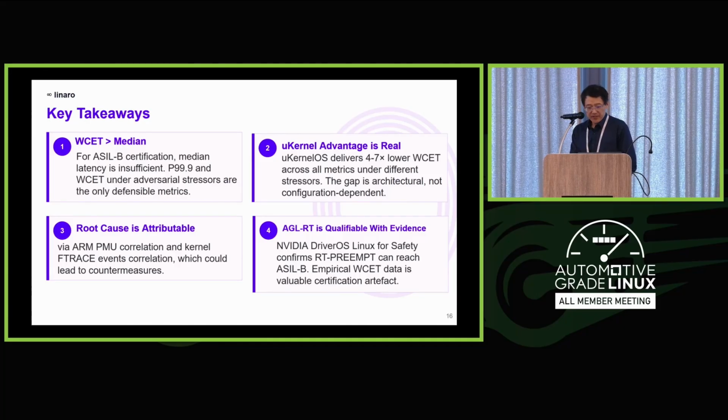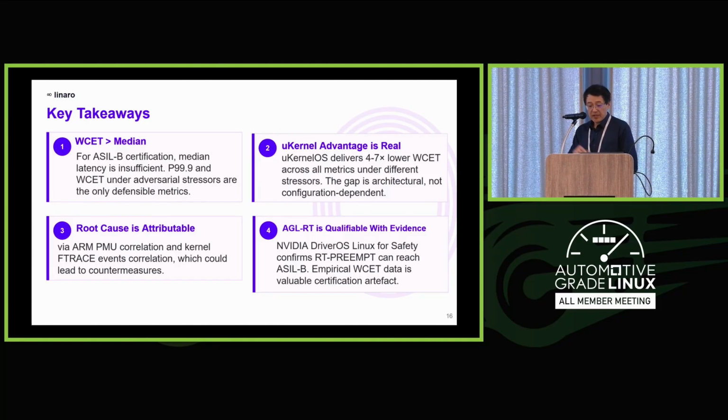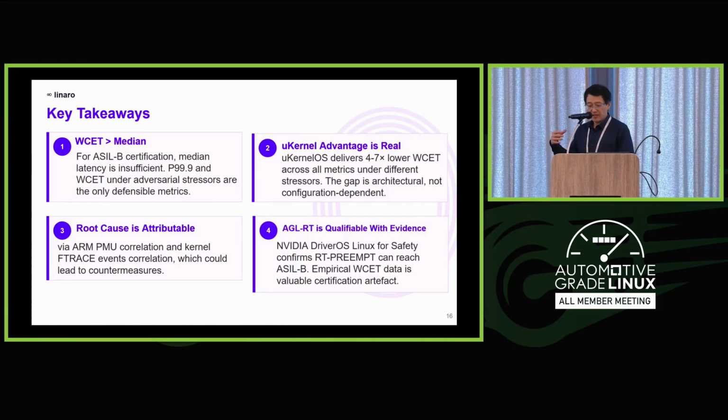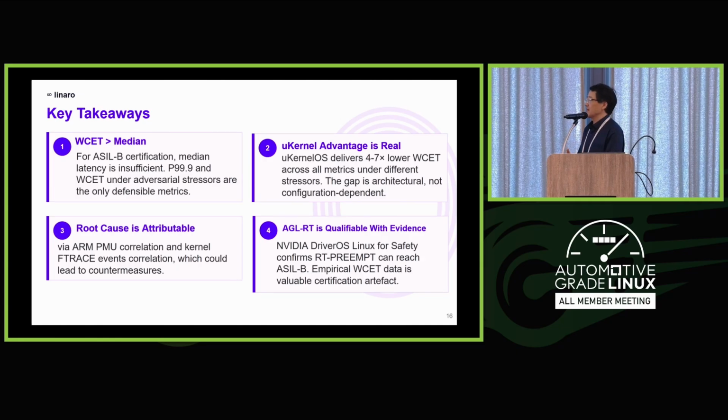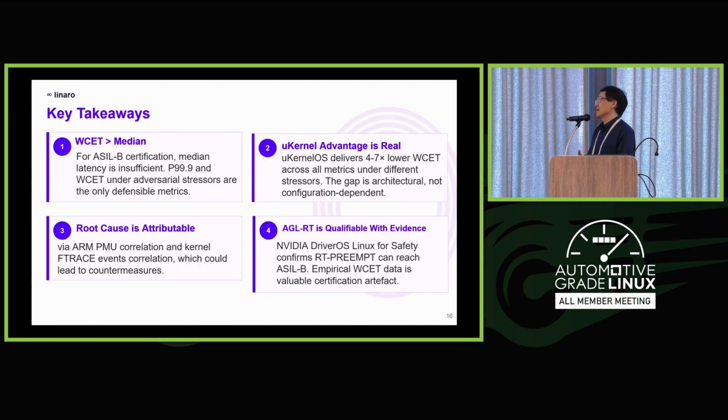Last one, what we are doing is providing empirical worst case execution time data, which is really valuable for our safety certification as part of dynamic timing analysis.